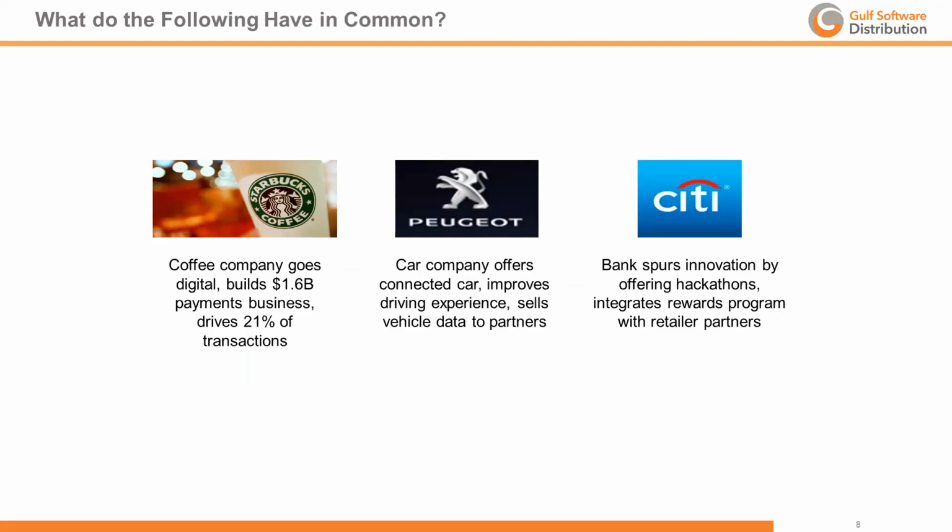So let's take an example of Starbucks. Starbucks started as a coffee company. They were into selling coffee beans initially, and then they went into selling coffee to retailers. So now you have the Starbucks mobile application, which links to other partner companies such as the likes of Citibank or whoever it may be.